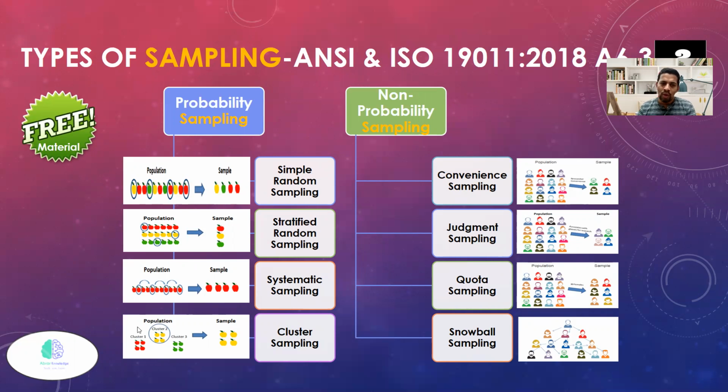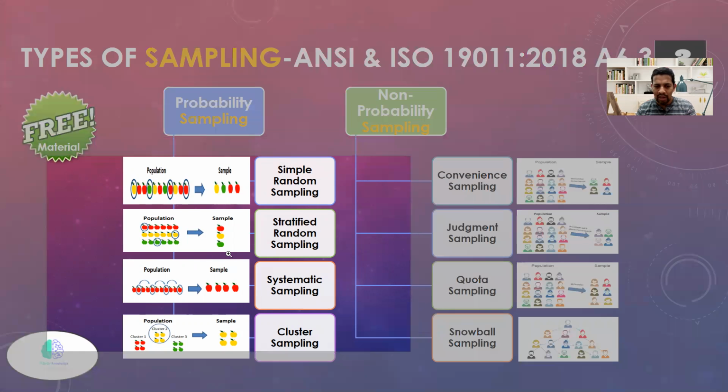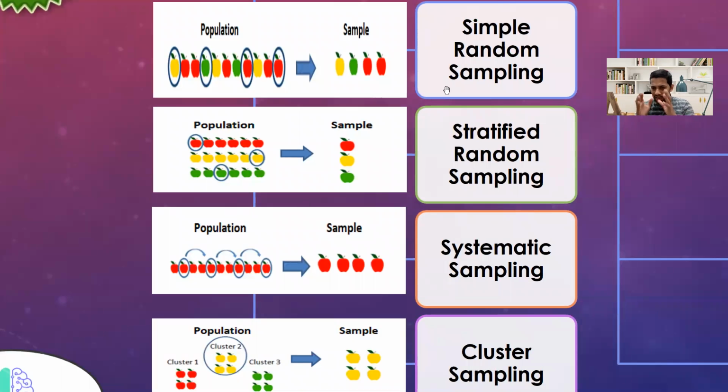Let's go back. Probability sampling and non-probability sampling are the two canvases of sampling itself. Let's talk about probability sampling. It has 4 elements. Number 1, simple random sampling: you take from the population and extract samples.